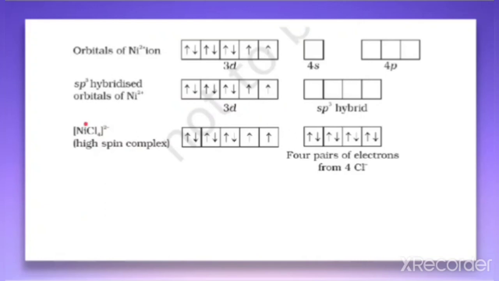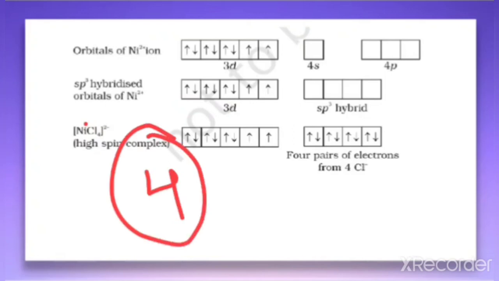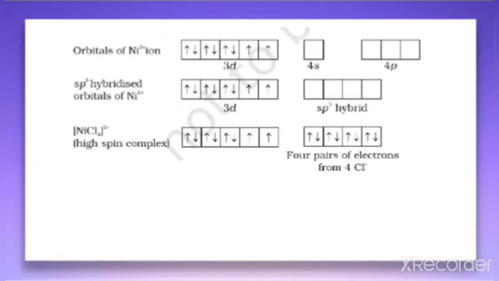That means how many vacant orbitals are required? 4 vacant orbitals are required. So that is actually here the 1s orbital and the 3p orbitals undergo intermixing. Then only it becomes 4. 1, 2, 3, 4. 4 are required because here Cl is 4.